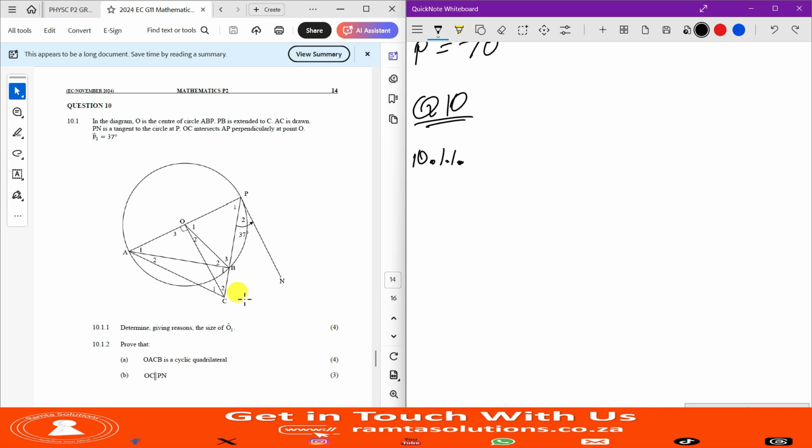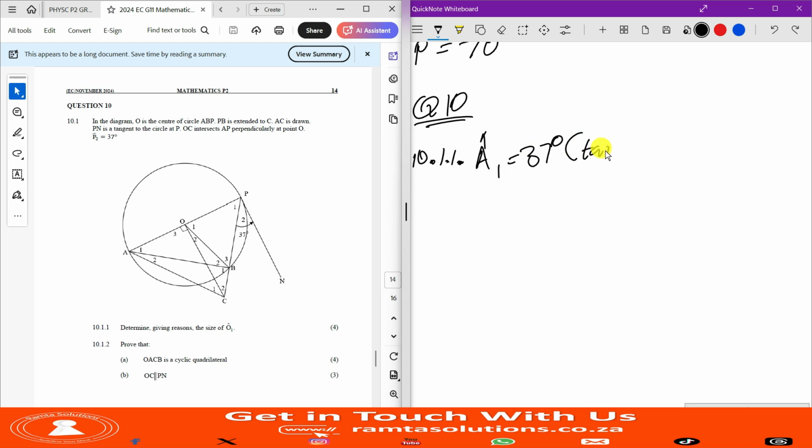I think I can find angle A1 using the chord theorem. We can see that angle A1 will be 37 degrees. How will that help us? We need to relate it with this angle here. But I think I do have an idea. So I'm going to say angle A1 is equal to 37 degrees.